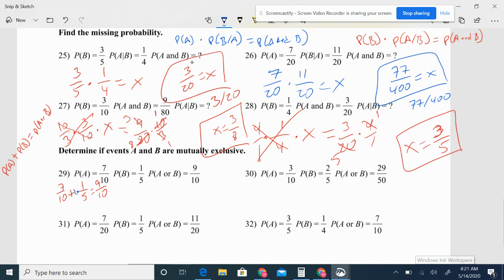So I have 7 over 10 plus 2 over 10 equals 9 over 10. I want to have common denominators, so I just look at the top. 7 plus 2 equal to 9. Because it is true, I have mutually exclusive.